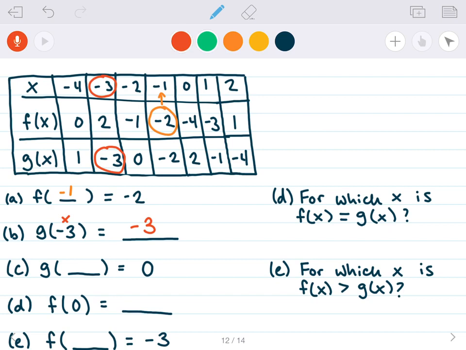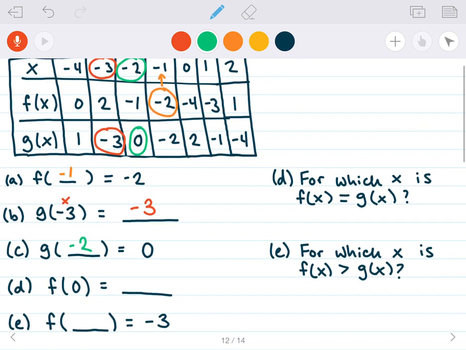Okay. g of what equals 0? I'm looking for the x value that has an output of 0 in the g row. The g row has 0 right here, and I just look up at the very top to see what x value corresponds to it. That's -2. So this is x equals -2.